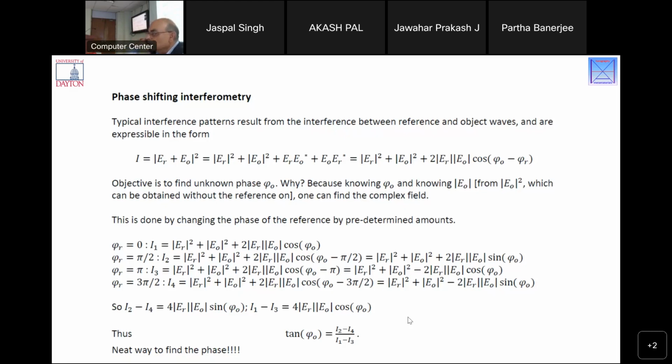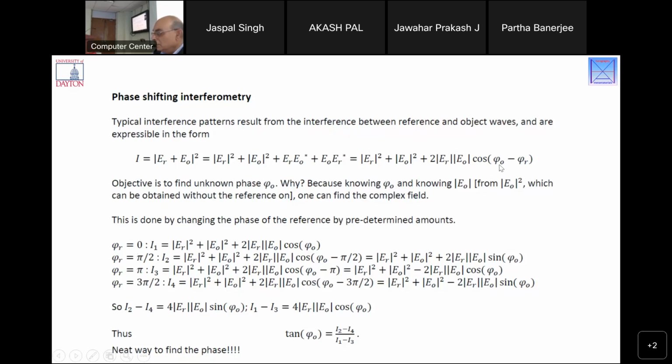Oh, this one, because the phi r could be really any number, but the only thing I'm saying is that this was for simplicity. I took phi r to be 0. But phi r may not be 0. It could be any number. But I'm interested in finding the phase related to the object, right?